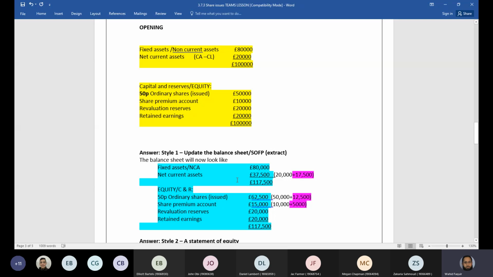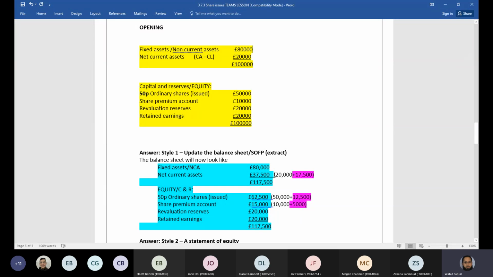And this is our closing position. Fixed assets did not change. They could have changed if there was a revaluation. Okay, if there was a revaluation, that figure would have changed, and therefore that figure would have changed. Non-current assets, no change there, that's fine.